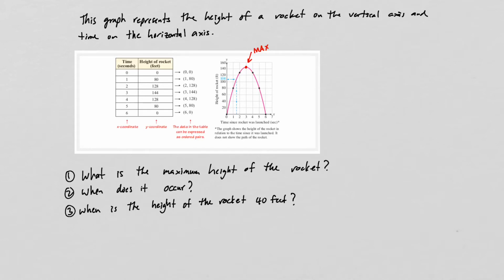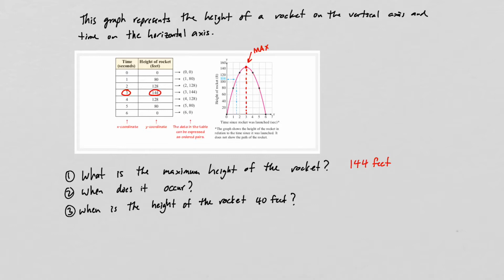Now, thankfully, we can see that that maximum height seems to occur when x equals 3. And we know that when x equals 3, y equals 144. So the maximum height of the rocket is 144 feet. And I'm not getting that completely from the graph.